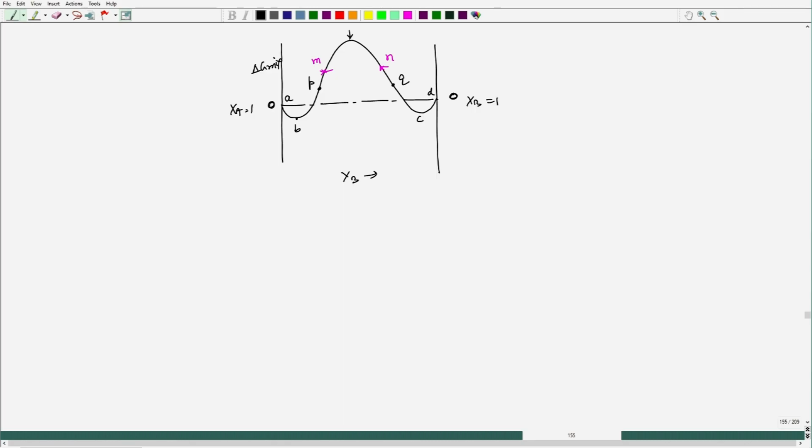Now, if I draw this particular portion, as well as this particular portion, let us see what is happening there, and there will be a common tangent.